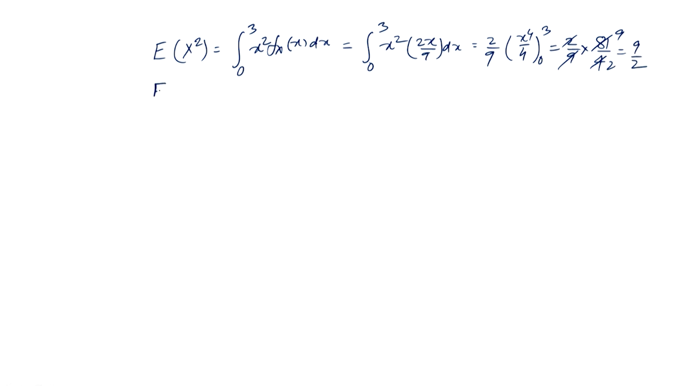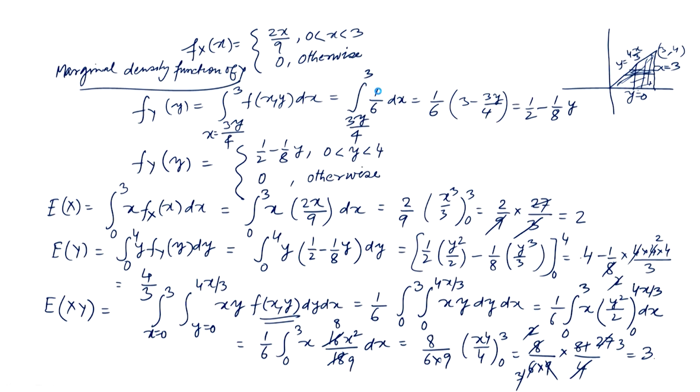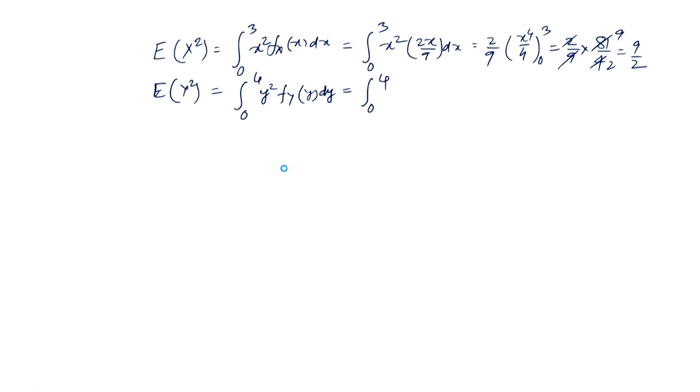So, 9 nines are 81, and we get 9 by 2. Similarly, we can find expected value of y square: integral 0 to 4 y square f_Y(y) dy, and it comes out to be integral 0 to 4, where f_Y(y) is 1/2 minus 1/8 y.